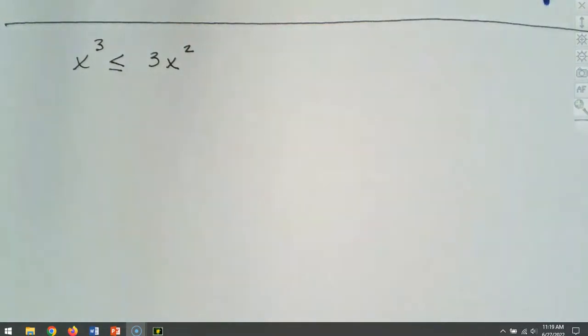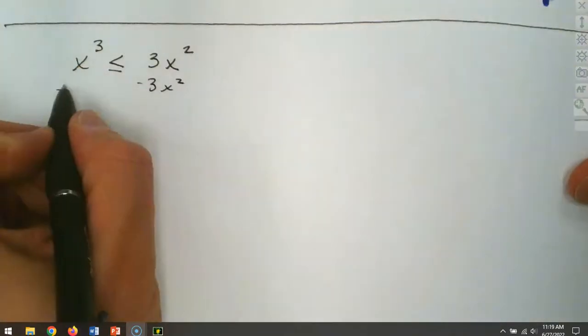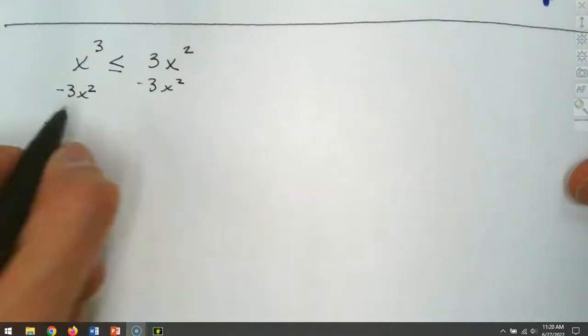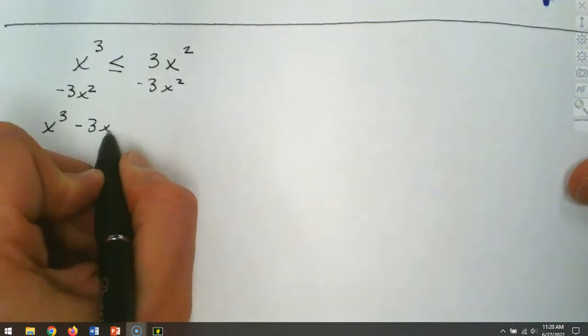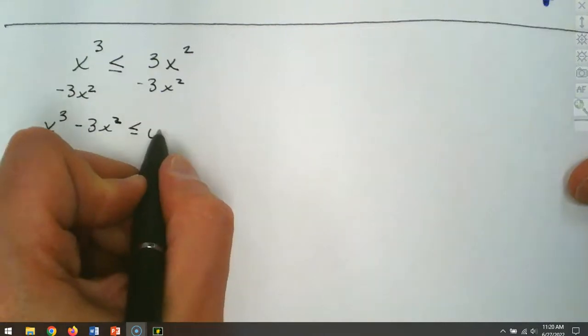So we're going to look at this one. And this, of course, has powers on it, and we're going to have to be factoring. So I'm going to move that 3x squared over. And that leaves you then with 3x cubed minus 3x squared is less than or equal to 0.